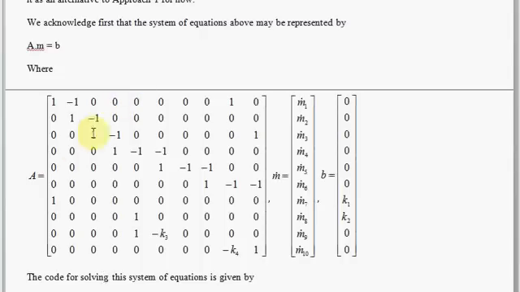So you can see if you multiply matrix A by vector M, if we were to look at the first row, for instance, if you multiply that row down that column, you'll get m.1 minus m.2 plus m.9 being equal to 0, right? It's matrix A times M equal to B.